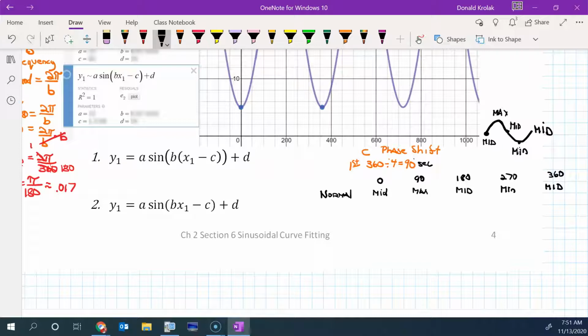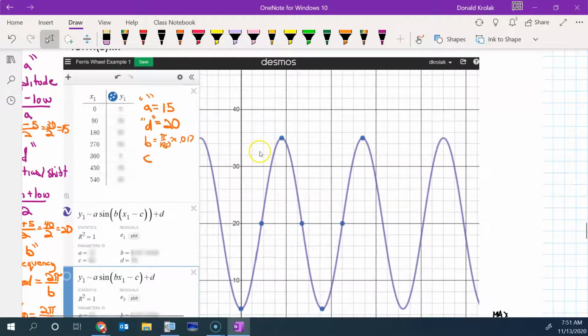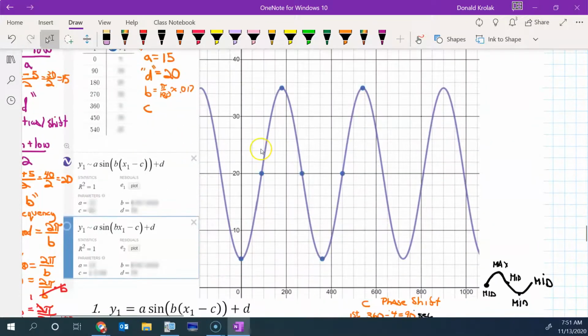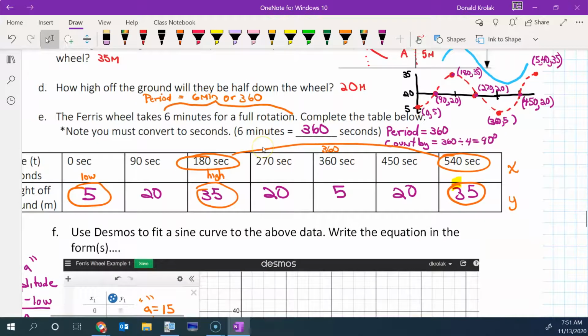All right, now what does your data do? Ferris wheel. Where does it start? It starts at its minimum. This one goes min, mid, max, mid, min.